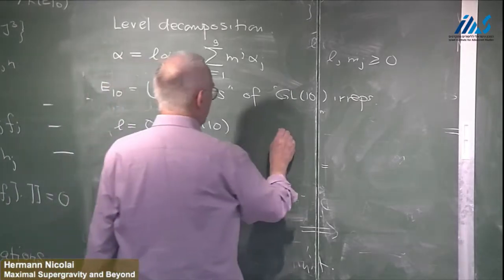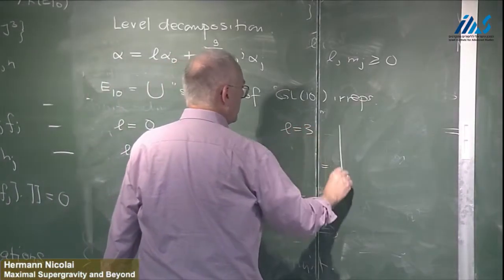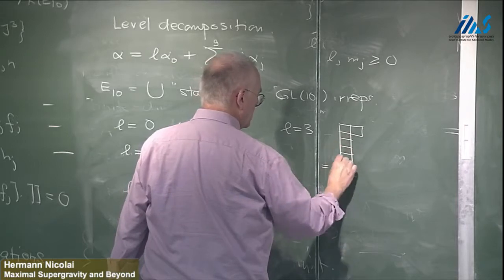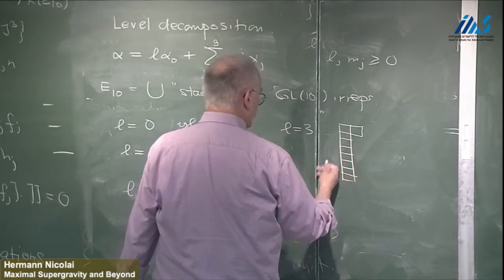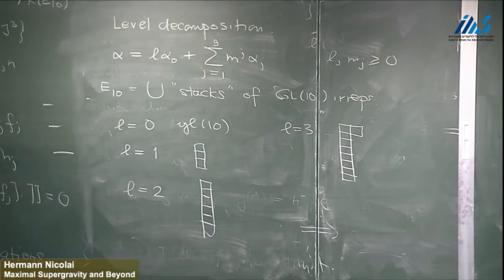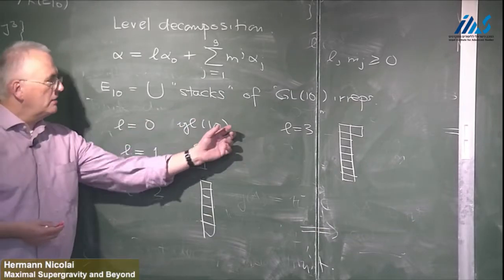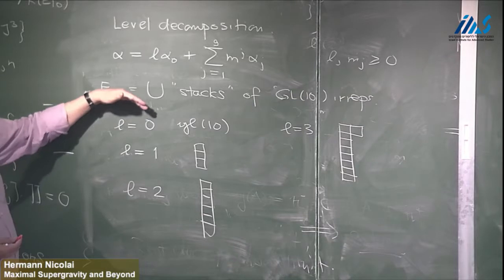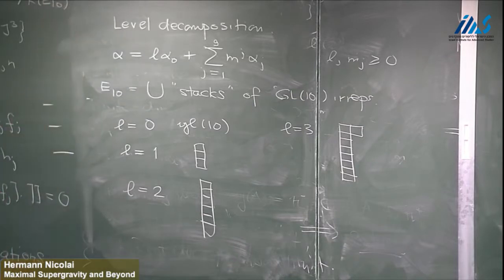And finally, for L equals 3, we find for the first time a mixed representation, which looks like this. And now you recognize that this is something I've talked about before. By the way, for the negative L's, you will have a similar tower of representations, the conjugate representations.